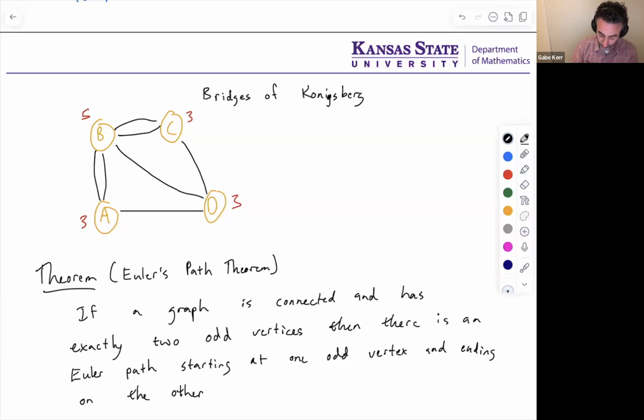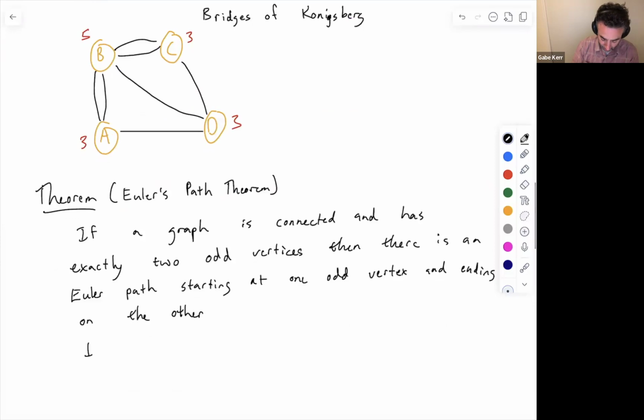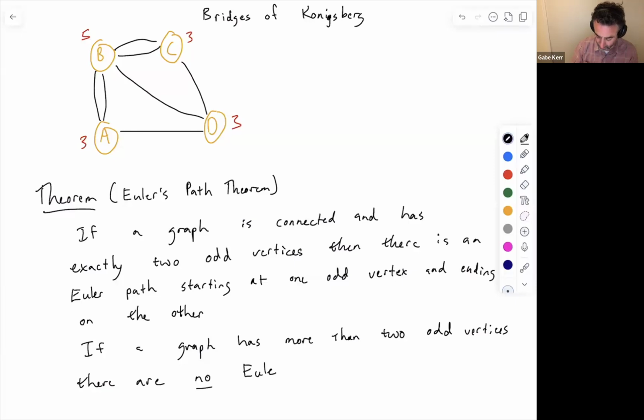On the other hand, if a graph has more than two odd vertices, there are no Euler paths. So what is that saying?